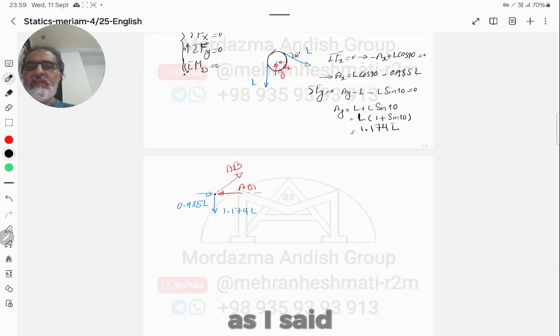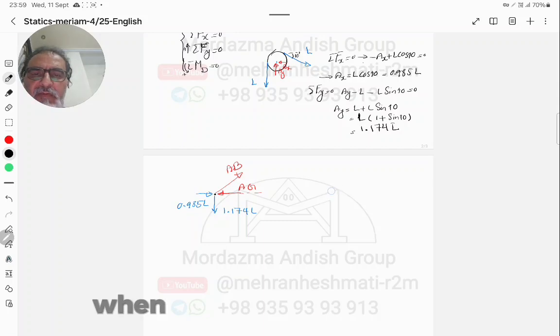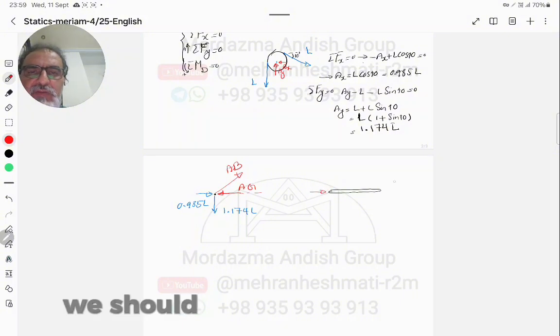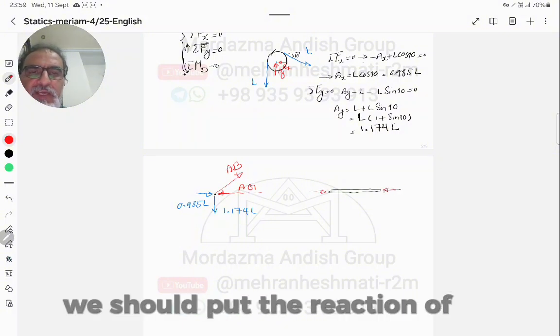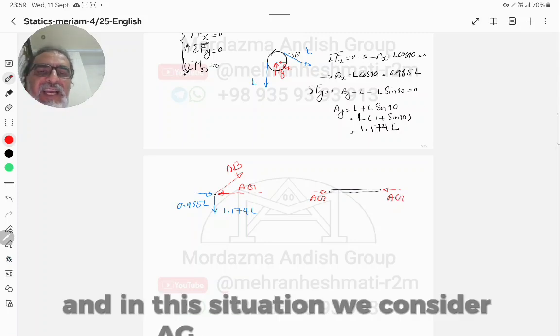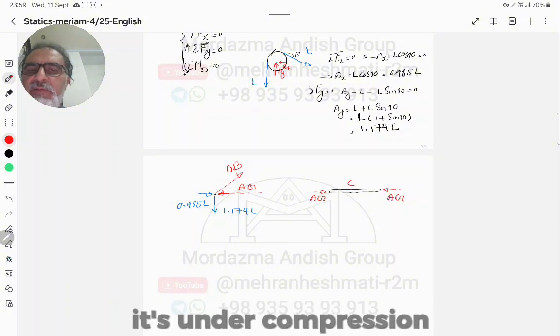As I said, when we consider AG in this direction, we should put the reaction of AG here. In this situation, we consider AG as compression. It's under compression.